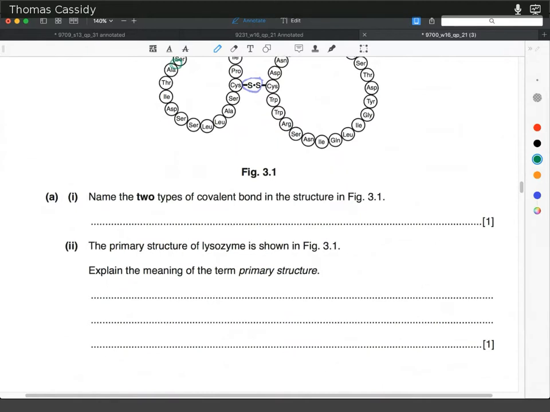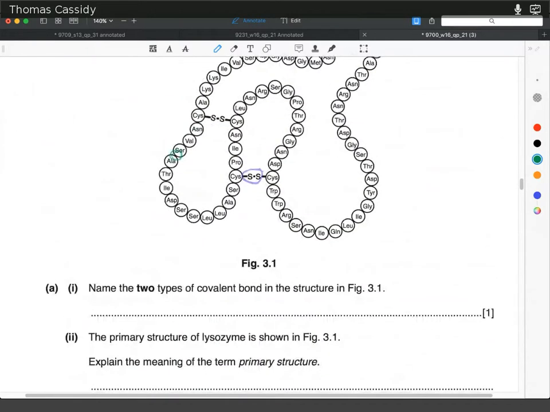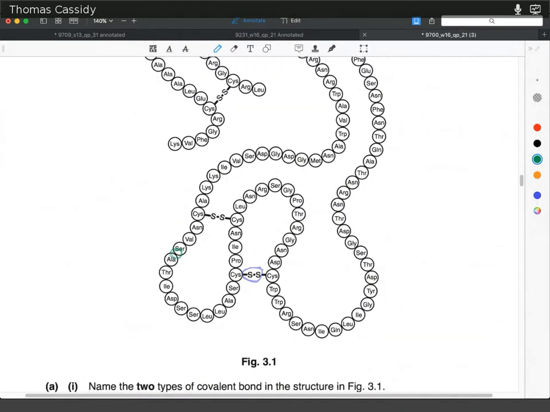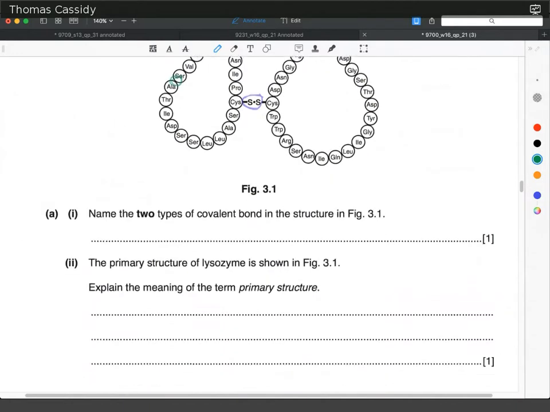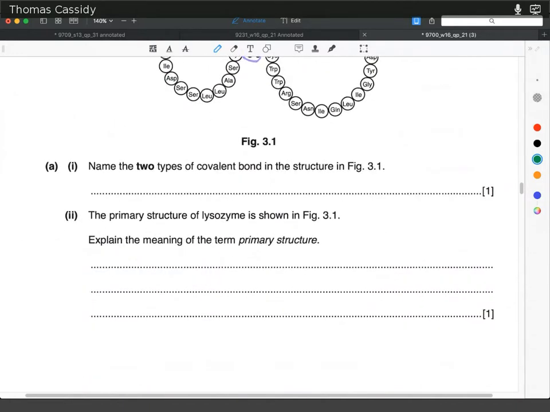The order of all these abbreviations is important. If they were in a different order, this enzyme wouldn't work the way that it does. They might change this out for secondary structure or tertiary structure, which would be a completely different explanation. But for 1 mark, it's simple. You just have to say it is this.